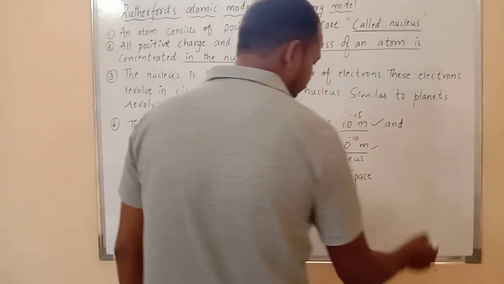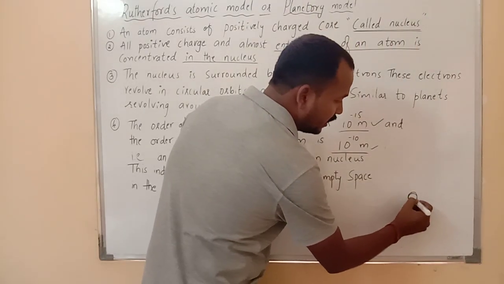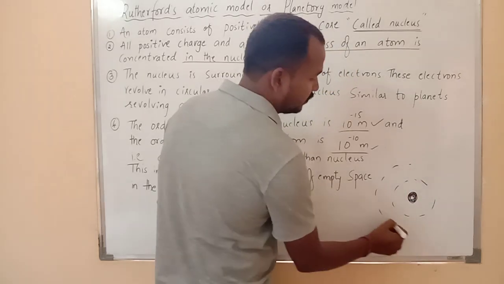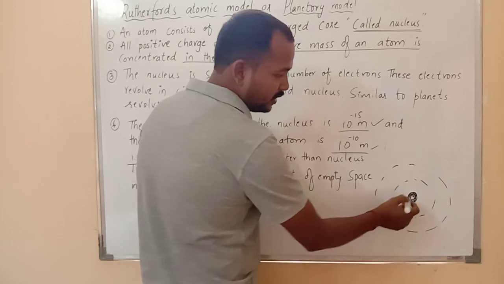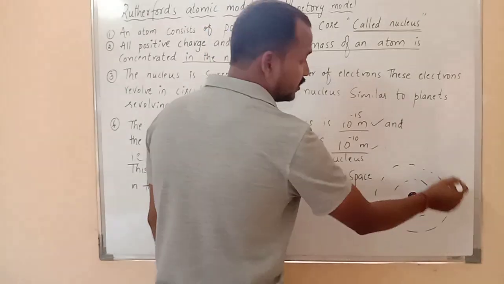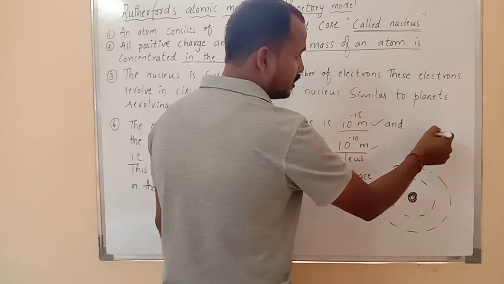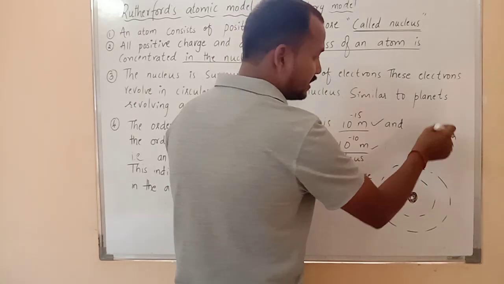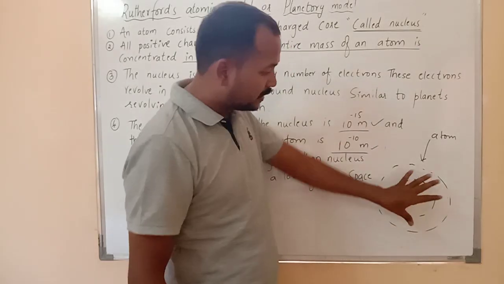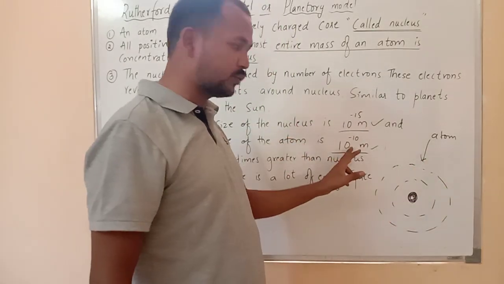I can explain this here. This is a nucleus and these are orbits. This is one complete atom. In this atom, the size of the nucleus is 10 raised to minus 15 meter, and the size of the atom is 10 raised to minus 10 meter.